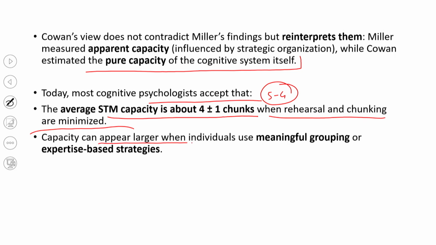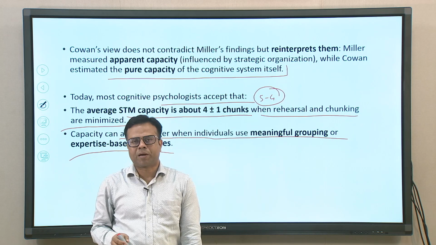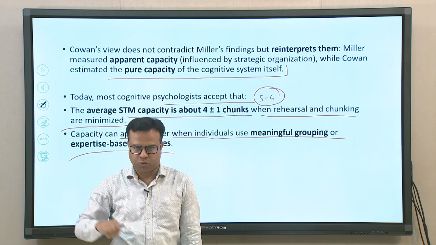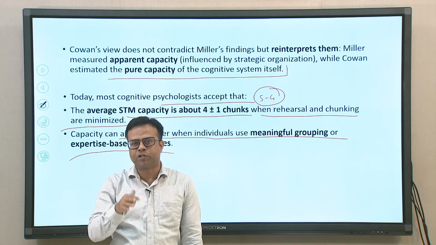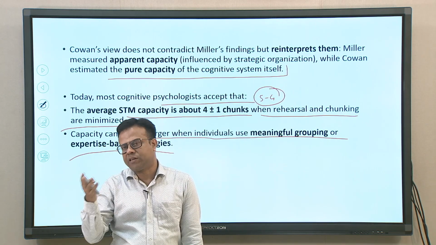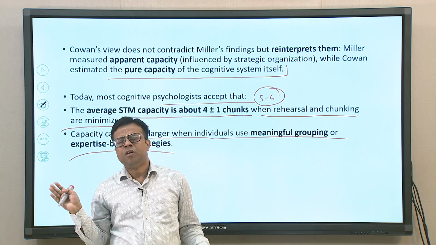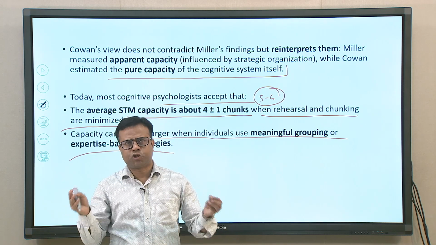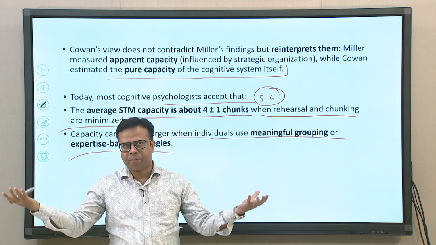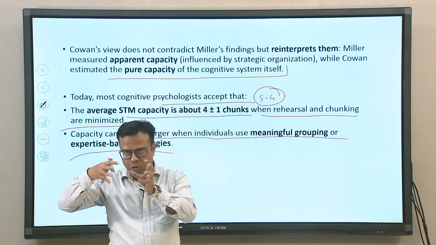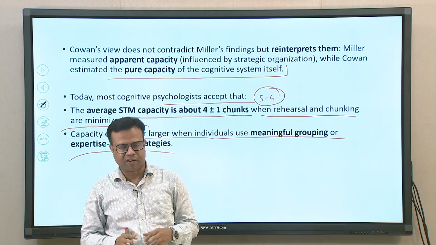This capacity can appear larger when individuals use meaningful grouping or expertise-based strategies. When some rehearsal is done, the short term capacity could increase up to 7 plus minus 2. So, both are correct, but depending on the context it could be 4 plus minus 1 or 7 plus minus 2. So, this research showed that the capacity of short term memory is limited. You can increase that capacity by chunking the information or grouping it into more meaningful patterns and so on.